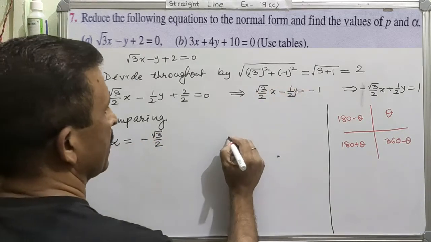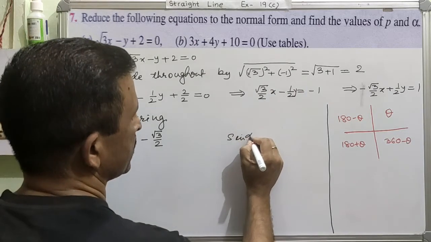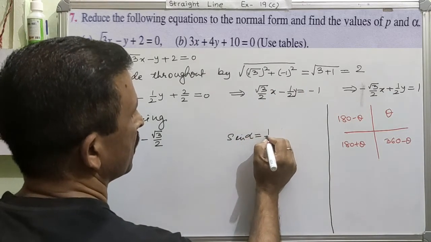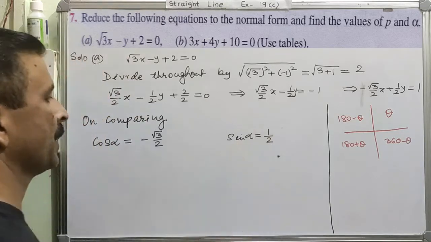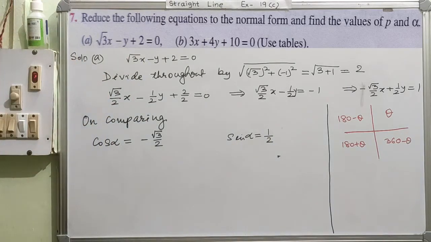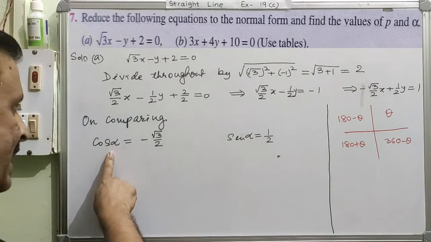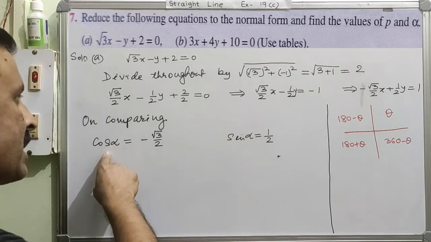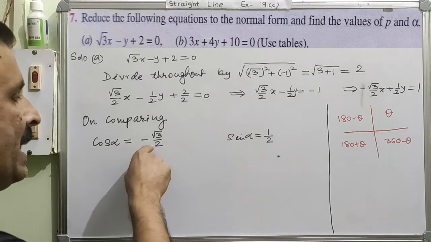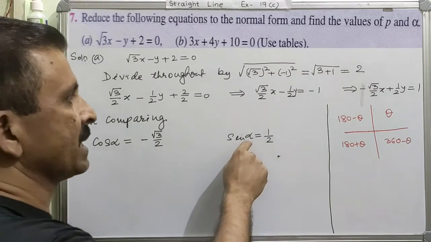And sine alpha is coming as equal to half. Is this okay? Now, first of all, what we have to do here is, you can see that the value of cos is negative and the value of sine is positive.